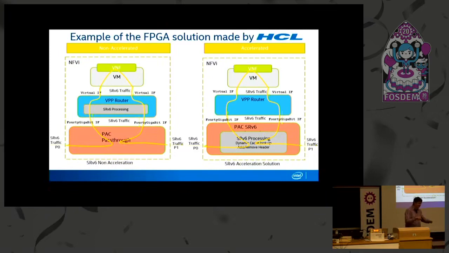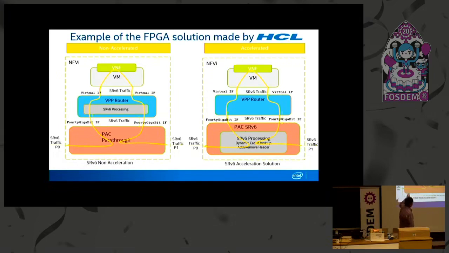Here is an example of the segment routing V6 acceleration. I was talking yesterday in a more detailed way about what the problem is. I don't want to go into details of how it works. But imagine the situation: on the left side, you have the not accelerated part. Everything happens inside of the software.